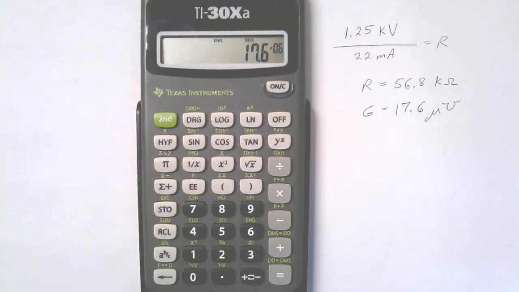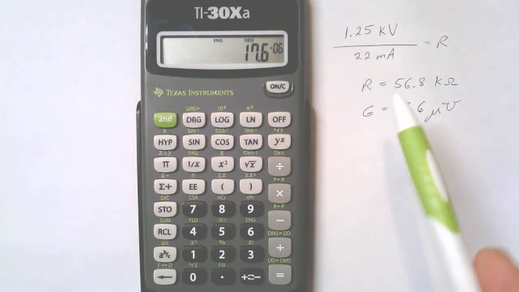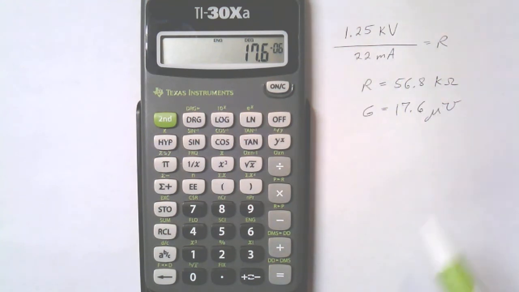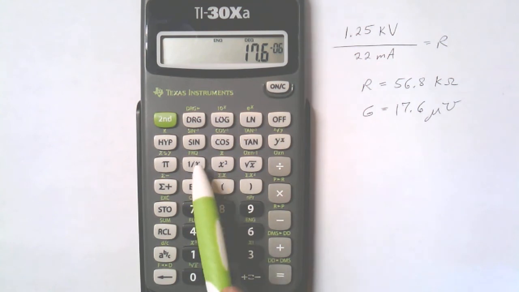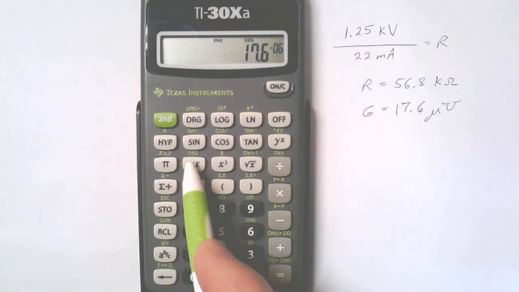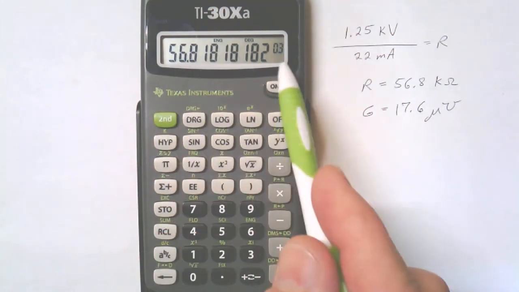Let's say I have this on my screen and I'm like, rats, I just needed to get a look at that resistance again. I forgot to write it down. Do I have to go back and solve the problem again? No. You can toggle with the 1 over x key all day long. So, I can just hit the 1 over x key and I'm right back to my resistance.